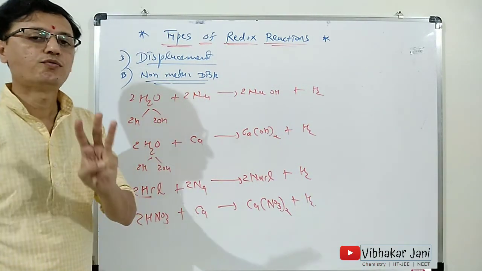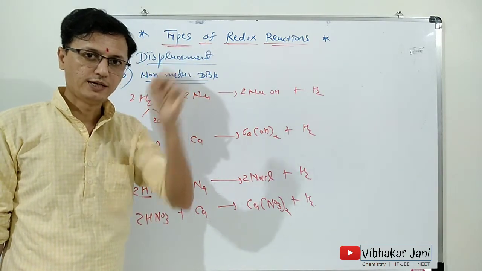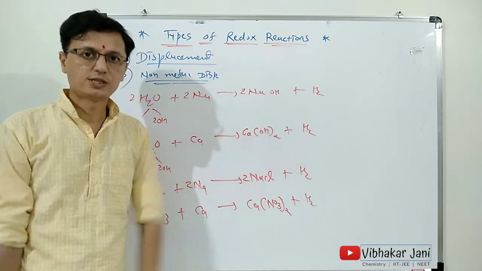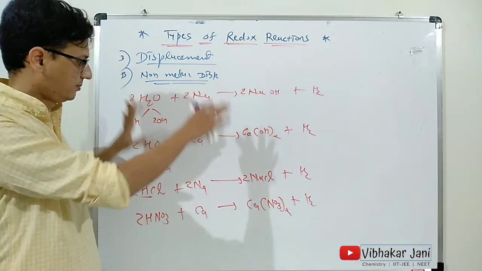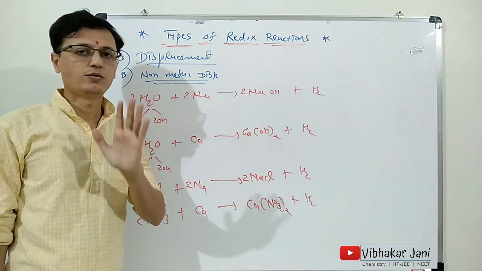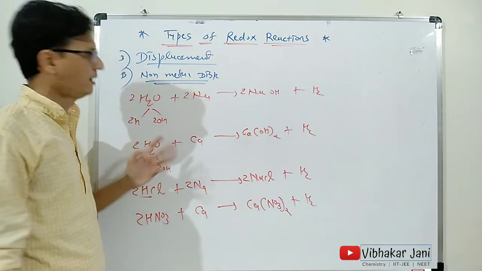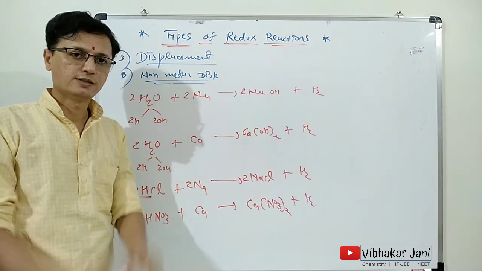3 types of redox reactions we have discussed so far: combination, decomposition, and displacement, with some examples also. Now these are the basic kinds of reactions and they are very simple. If 2 elements combine, combination.